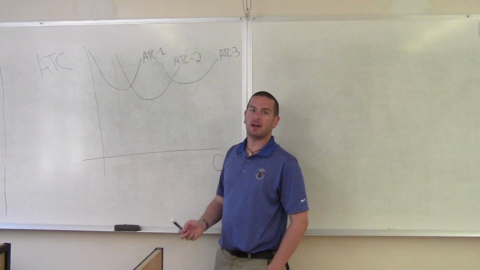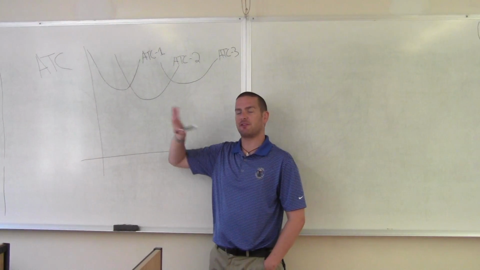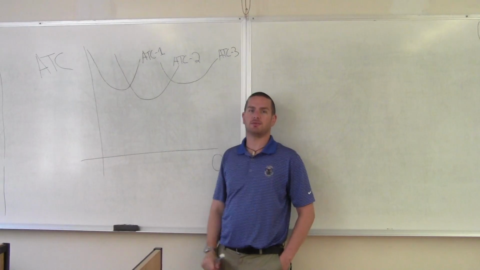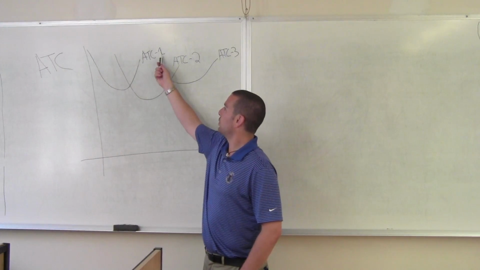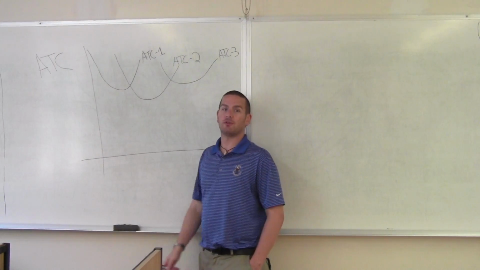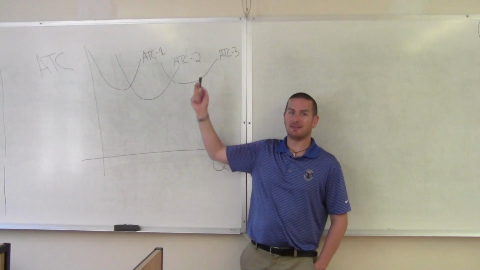The labeling of each curve, 1, 2, and 3, is at the furthest right-hand side of the cost curves. In other words, ATC1 is all the way at the end of average total cost curve 1, and ATC3 is all the way at the end of curve 3.